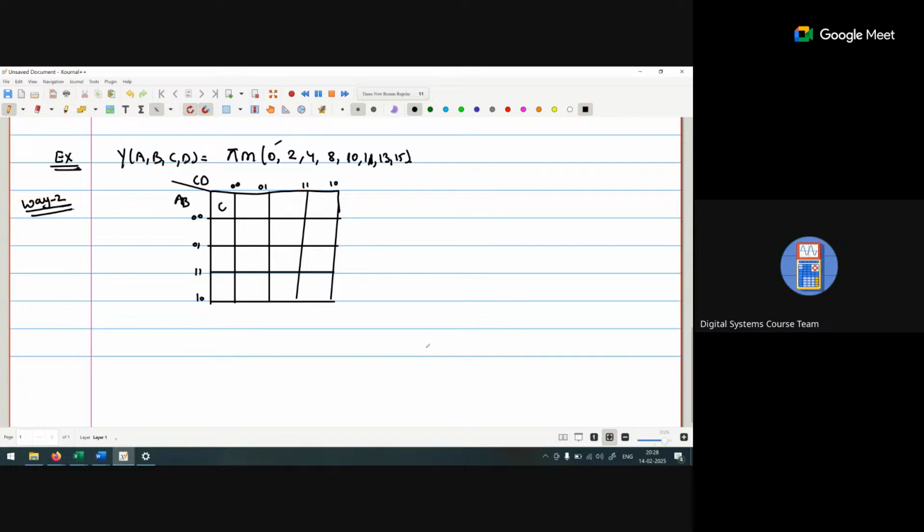So this is the 0 term, I just represent as a 0. 2, 4, 8, 10, 11, 13, and 15.